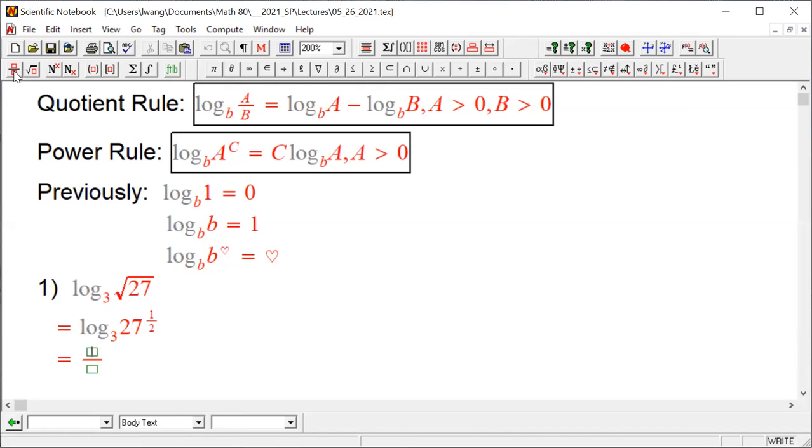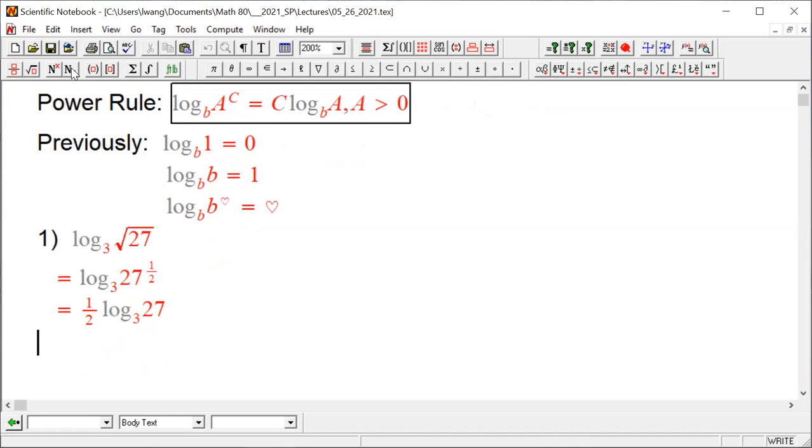So we can bring down the half, and then you have log base 3 of 27. And of course, we know that log base 3 of 27 equals 3, isn't it? So multiply by 3. And so in the end, the answer is 3/2.